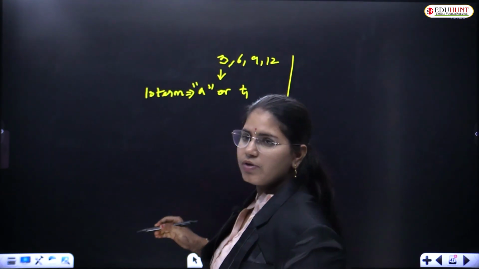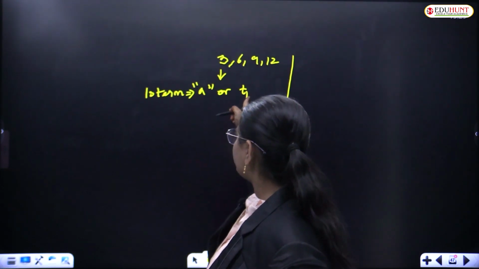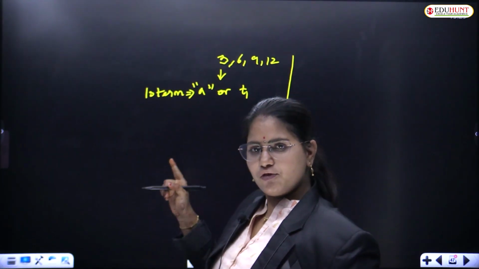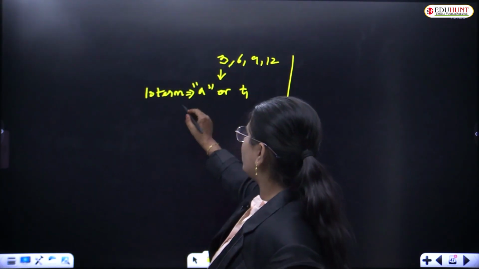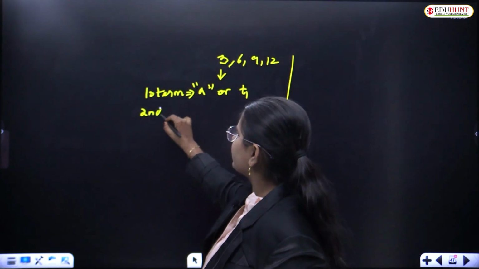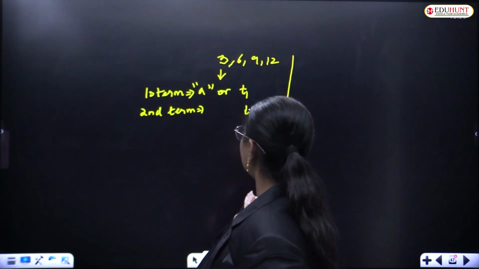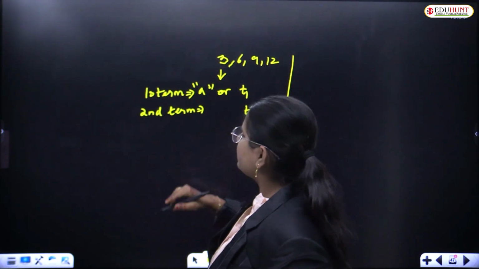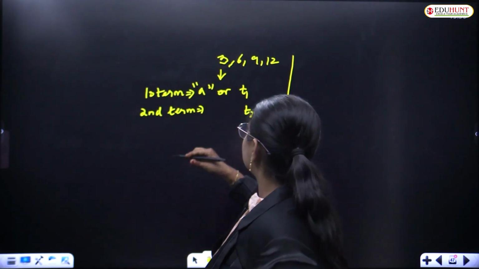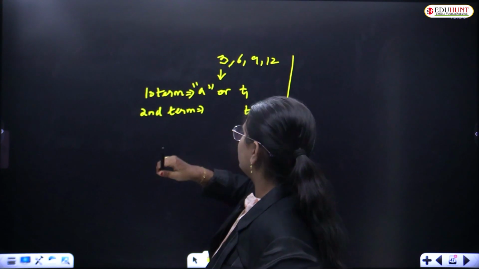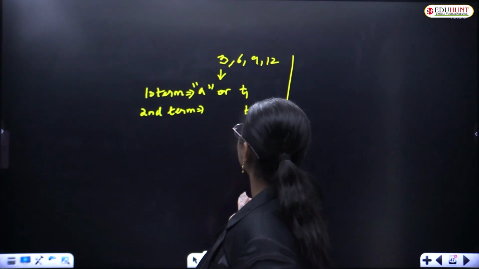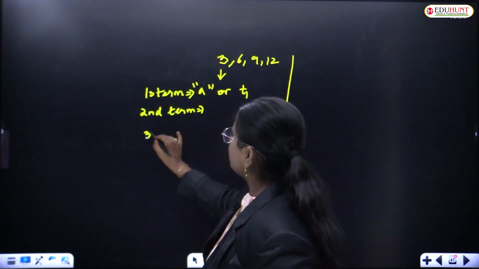T1 means the term located in the first place. What is the second term? How will it be represented? T2. So what is T2 here? 6. What is the third term?